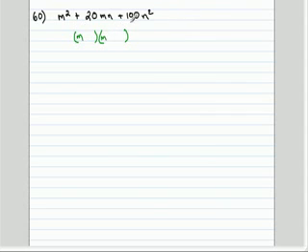The back's going to be the square root of 100 and the square root of n. So how about 10n? Square root of 100 is 10, square root of n squared is just n. All the signs are positive, so these two have to be positive.